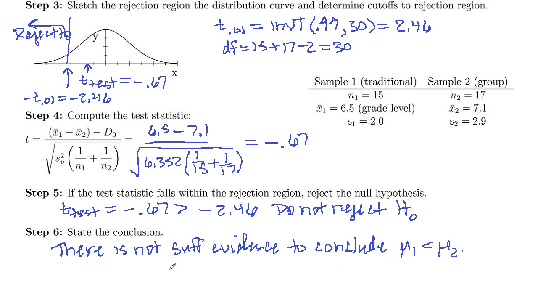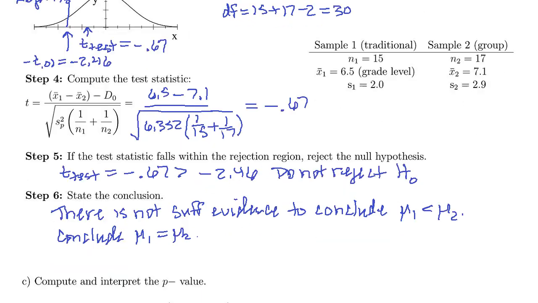In other words, we're going to conclude that the null hypothesis is true, mean 1 equals mean 2. And that's the same thing we were seeing with the confidence interval. 0 was in the middle, so we could not conclude a difference.